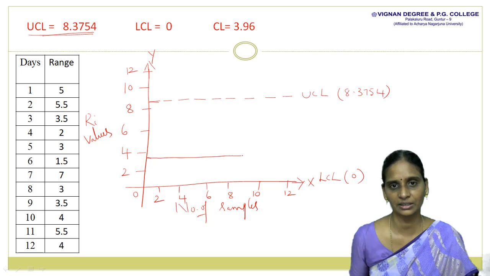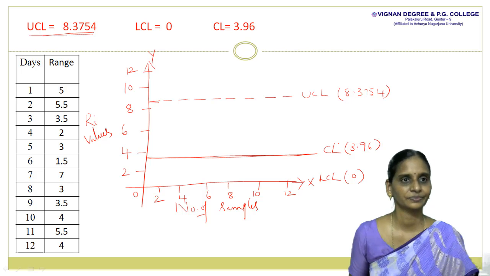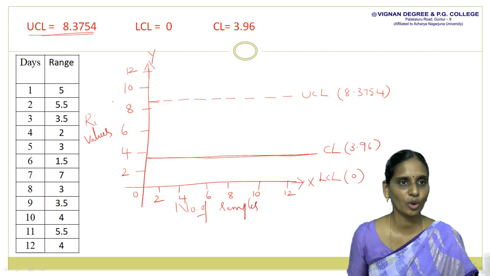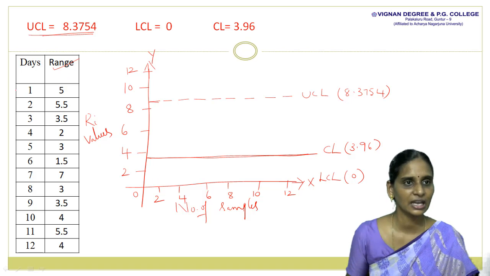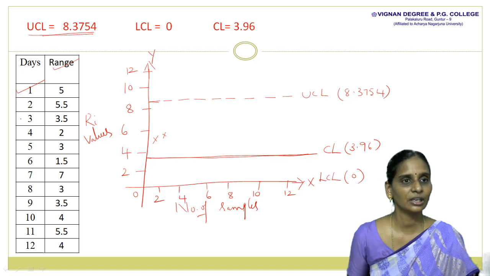Based on the 3.96 point, I have to draw a solid horizontal line. This is the CL, 3.96. And next we have to plot the range values for each and every sample. The first sample range is 5 and the second sample range value is 5.5. The third value is 3.5.